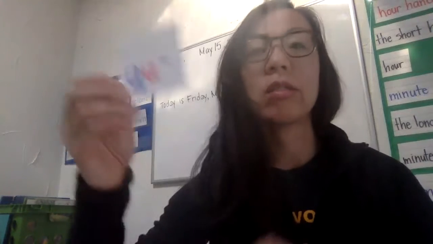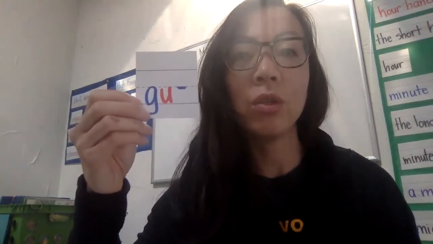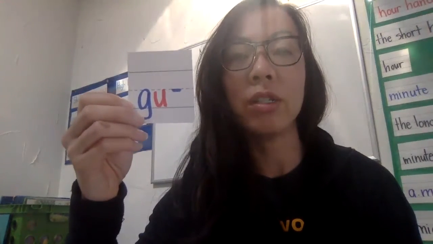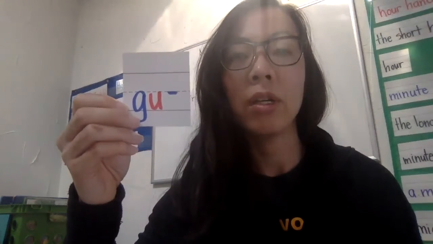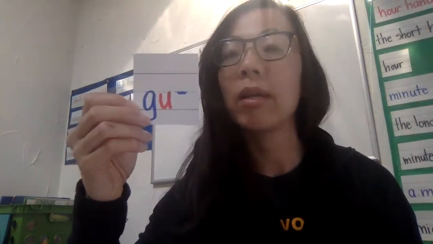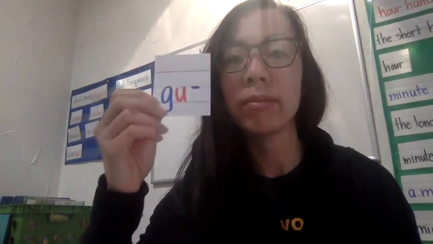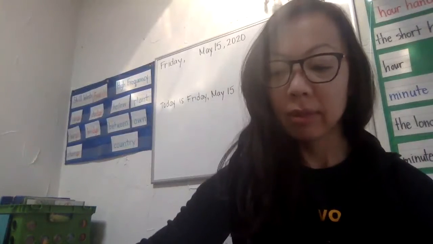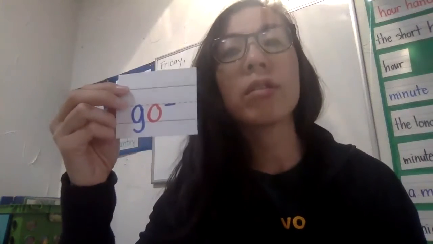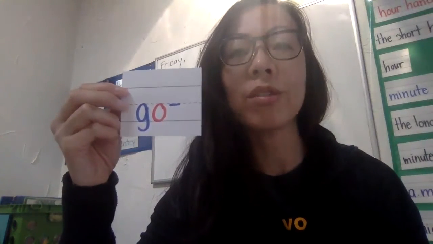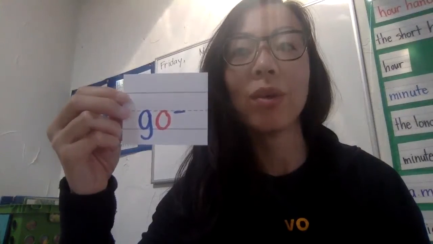Words that start with GU also make the hard G sound. Guitar. Words that start with a GO also make a hard G sound. Words like gorilla, goat, goggles, hard G.